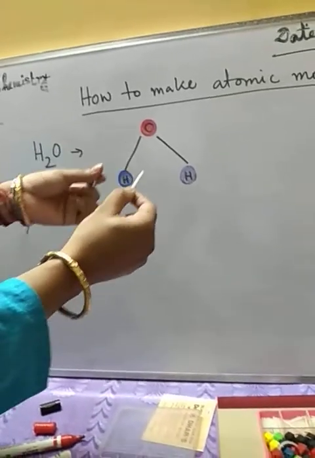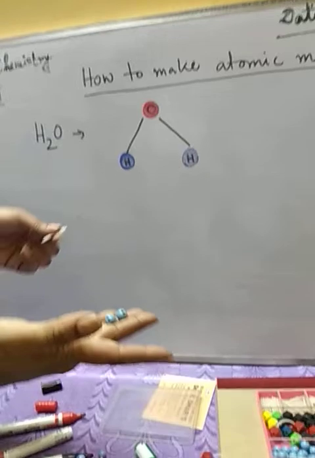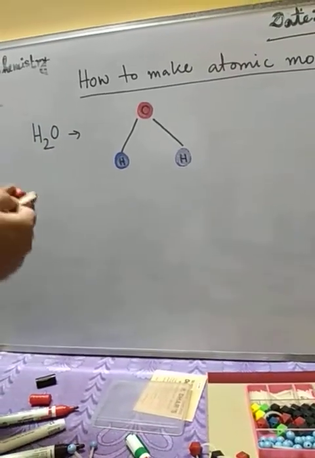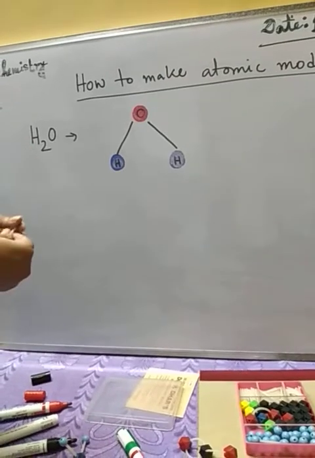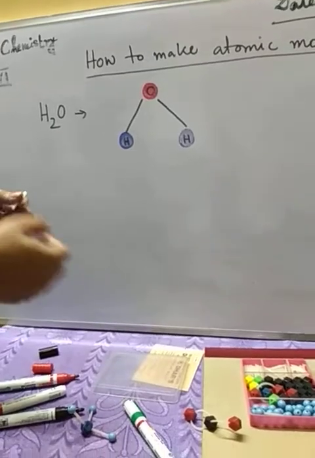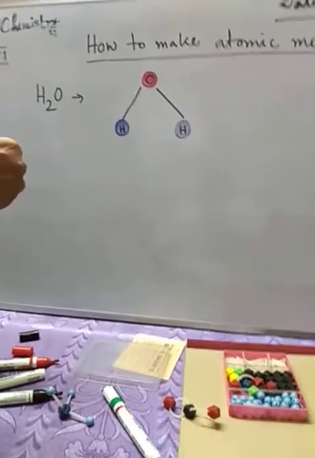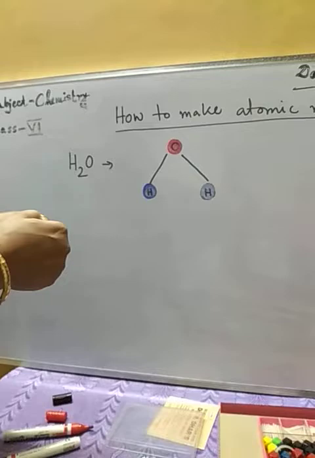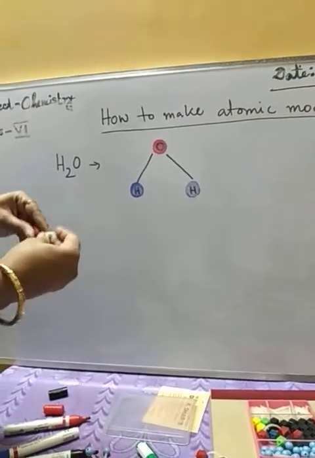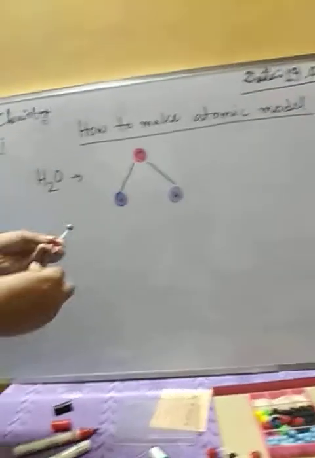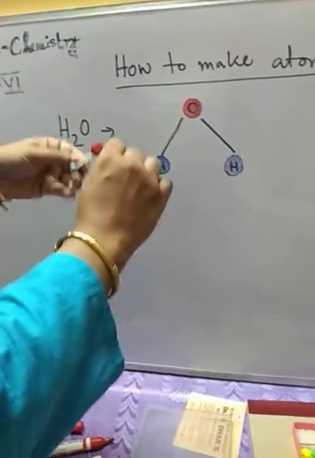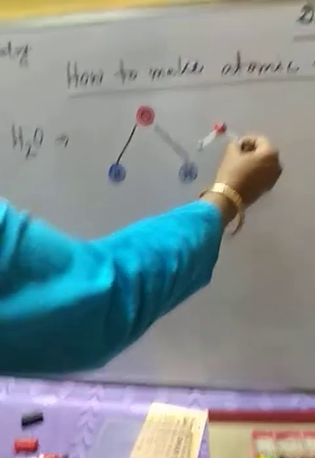These are the two bonds, and these are two hydrogen atoms, and this red one is the oxygen atom. Now, as we are using balls and sticks to make the model, this method of making the model is called the ball and stick method. Okay, so we will be making the model in this manner.